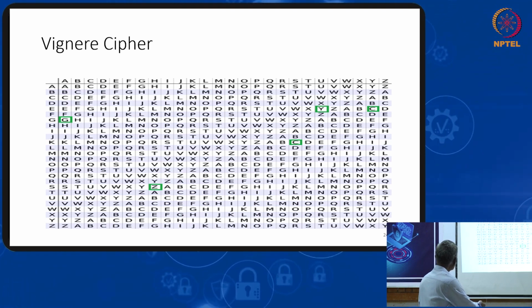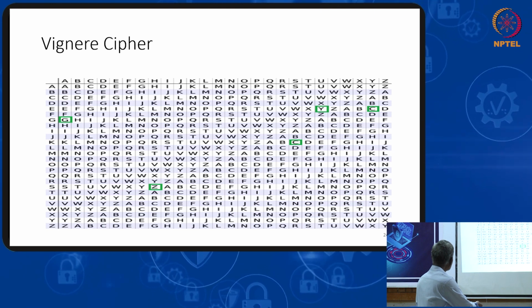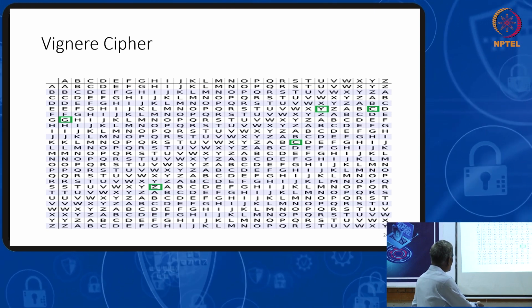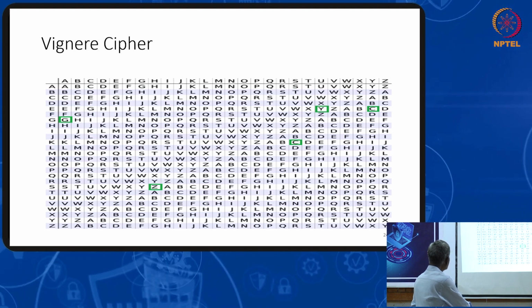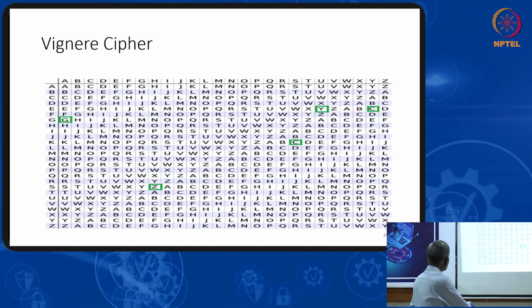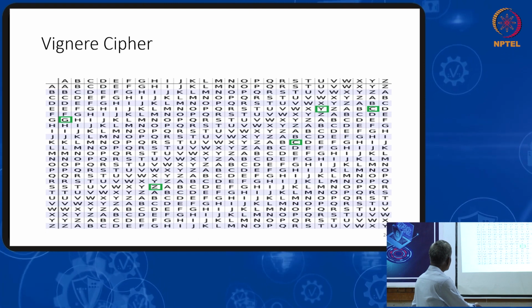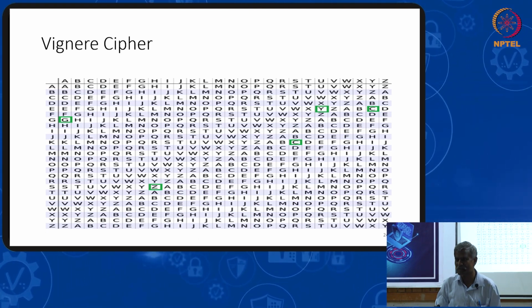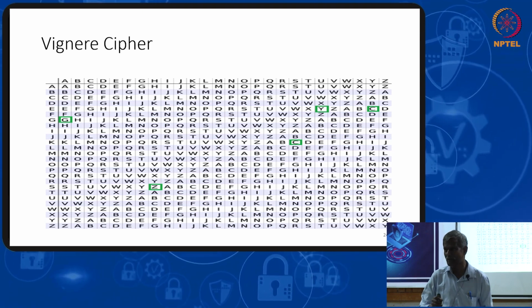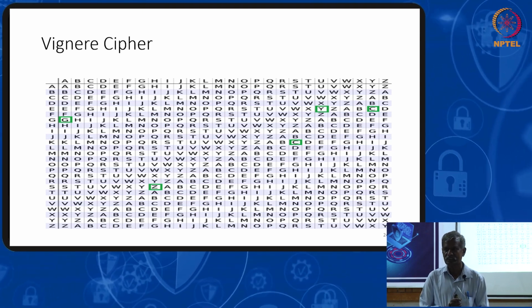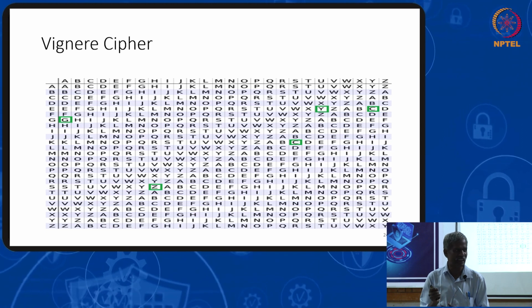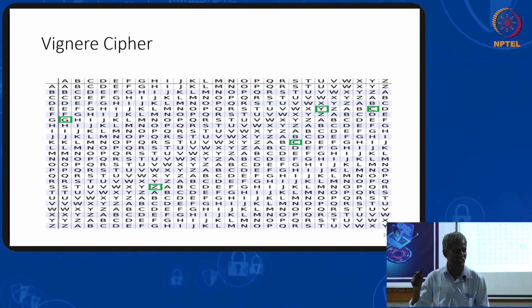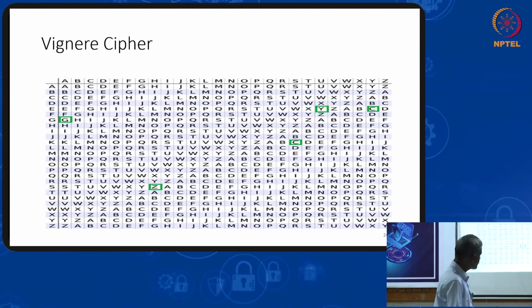Here XYZ, next line we start from B, and we put A at the last. Third line, we start from C, C, D, E, like that we go up to Z, and we put AB. You understand how the table is made? So you have to create the table first. This table was created by the binary, that is why the cipher name itself is given as binary cipher.